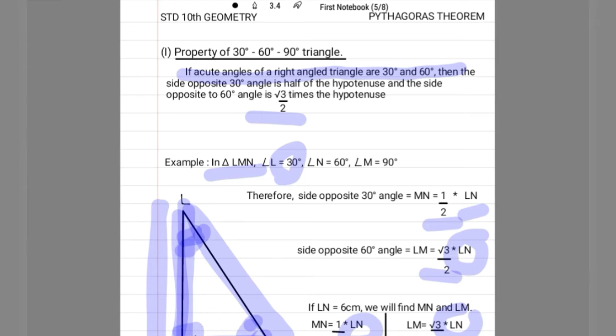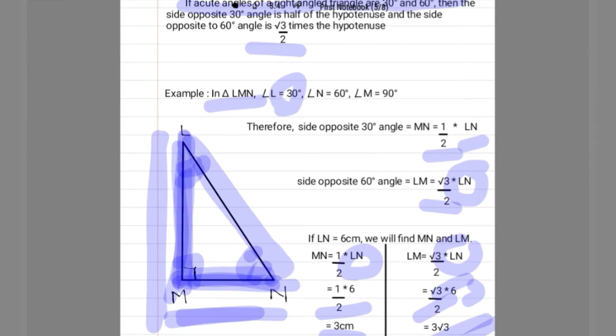So if it is given that the angles of the triangle are 30, 60, 90 and the length of the hypotenuse is given, then we can find the values of the other remaining sides. Or else, if another length is given, say LM, then we can find the hypotenuse and after that we can find this one. We can do it the other way around too. So this is all about this property.